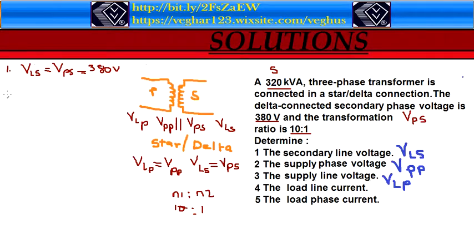And then number 2, we are looking for the phase supply voltage. We're going to use a ratio, because from primary to secondary side you have to use the ratio.